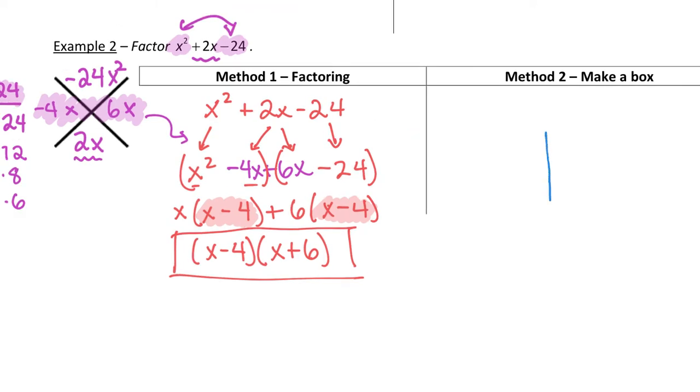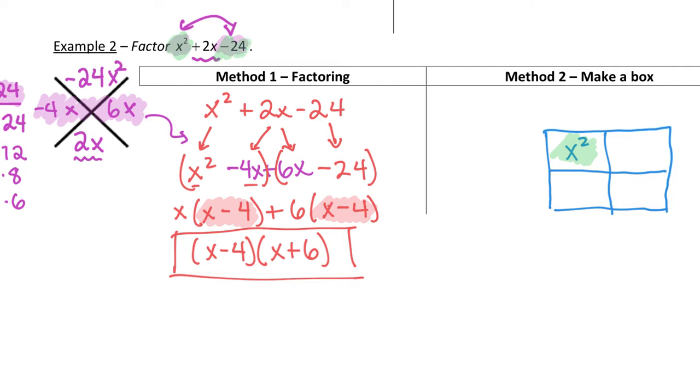Let's start by drawing our box. This will always be a 2 by 2 box. Always going to be 2 rows by 2 columns. And I'm going to go back up here to my original problem and grab that x squared, and that goes in my first box right here.